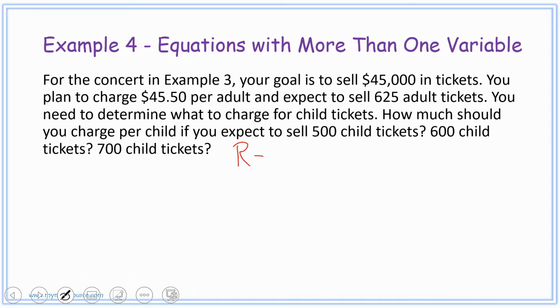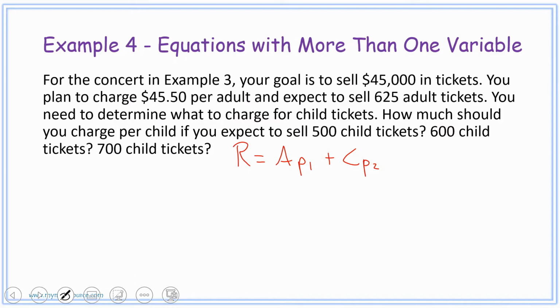So we have R equals the number of adult tickets times the price of the adult ticket plus the number of child tickets times the price of the child tickets. Okay, so now that we have that formula, let's go ahead with the second part of this. For the concert in example 3, your goal is to sell $45,000 in tickets.